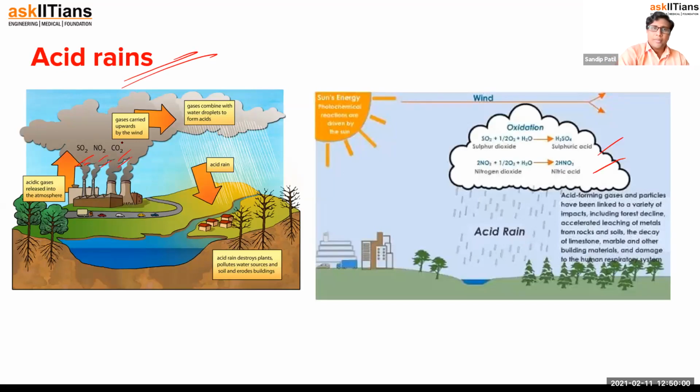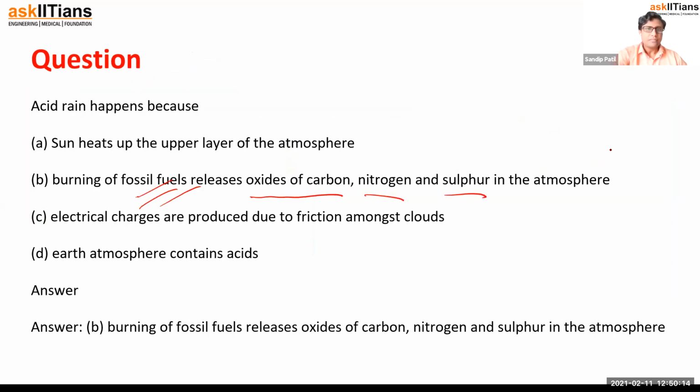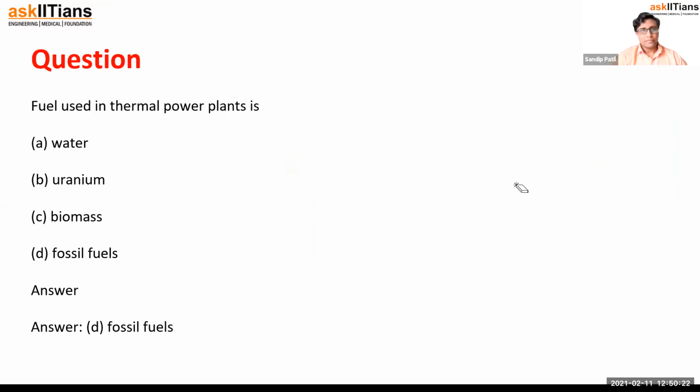These oxides react with oxygen and water particles in the air and create the harmful sulfuric acid or nitric acid, which is not good for us. Yes, so this is our answer: burning the fossil fuels, which creates the oxides of carbon, nitrogen, and sulfur.